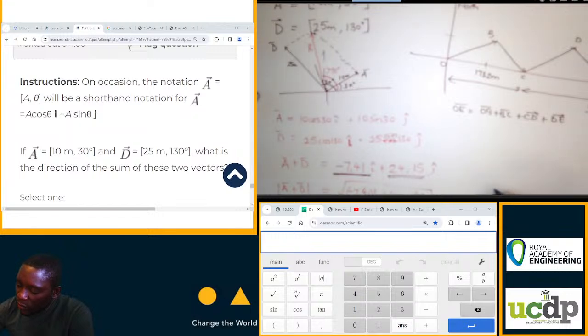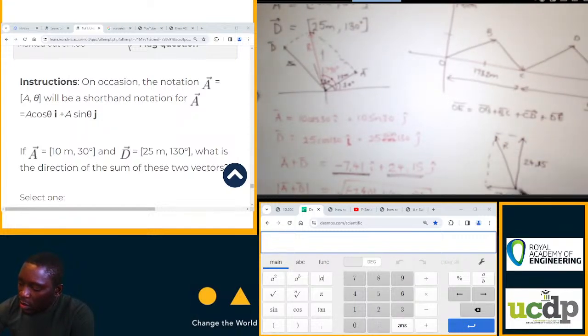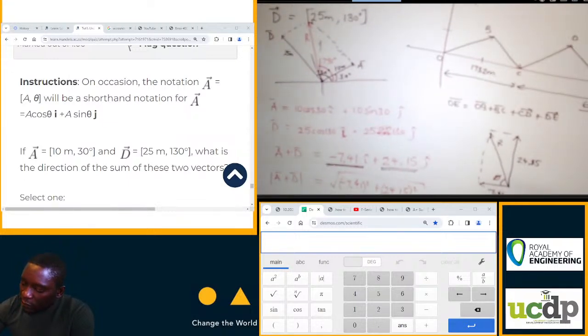So the negative 7.41 is a displacement in that direction, and the 24.15 is a displacement in the positive y. So the resultant there is at an angle phi, such that tan phi is equal to opposite over adjacent, 24.15 over 7.41.